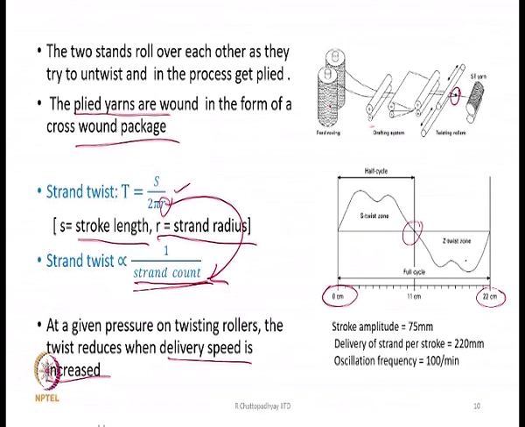So, along the length of the individual strand you will have Z S, and between Z and S there is a portion which will be close to 0. So, stroke amplitude is 75 mm, delivery of the strand per stroke is 220 mm, oscillation frequency is generally 100 per minute.